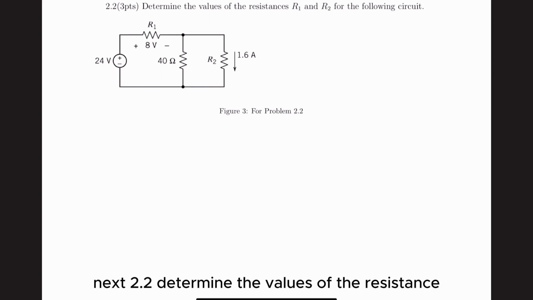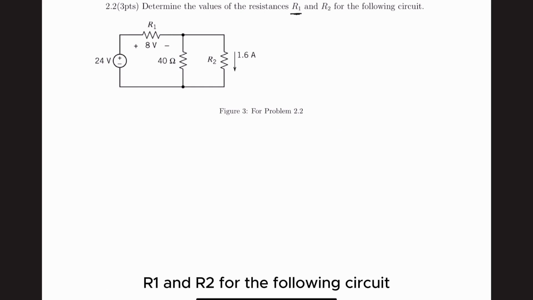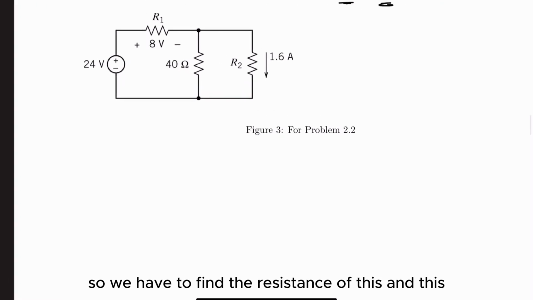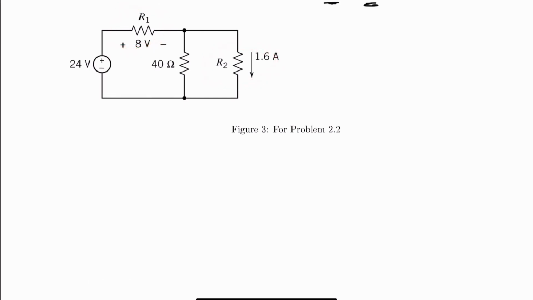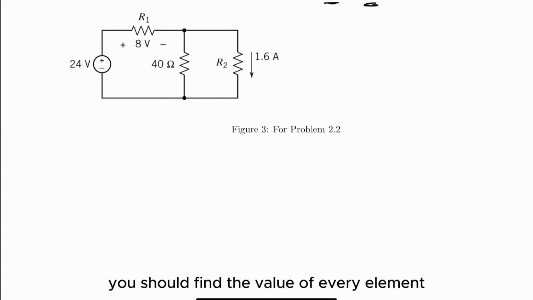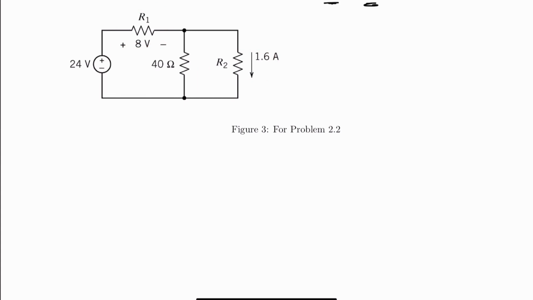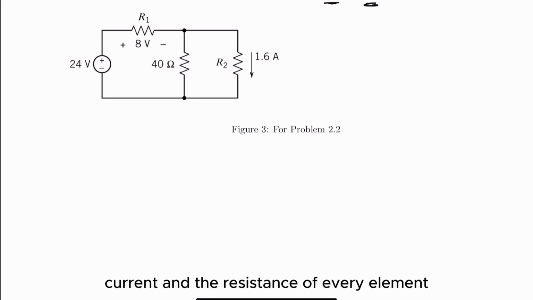Next, 2.2. Determine the values of the resistance R1 and R2 for the following circuit. So we have to find the resistance of this and this. So how should we start? If you don't know where to start, you should find the value of every element, like the voltage, current, and the resistance of every element.